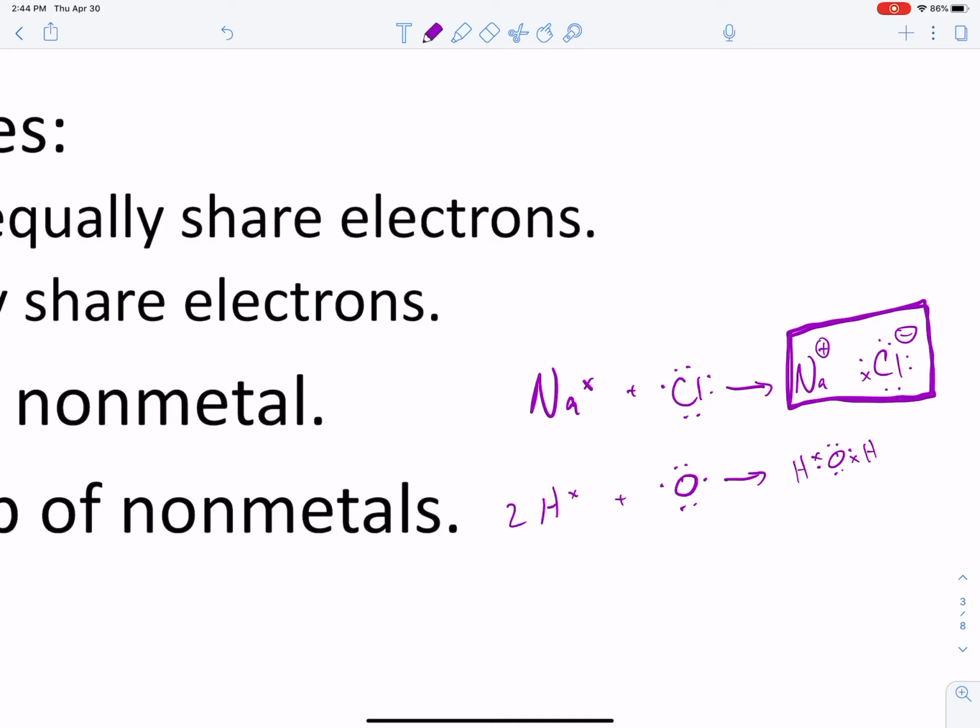So now we get this oxygen right here in the middle that has its 8 electrons, right? So it's perfectly content. But hydrogen, to look like the nearest noble gas, has to gain 1 electron. So when we look at the hydrogens, they look content too, because they got 2 electrons, which look like helium, the nearest noble gas. So now we got this H, O, H that kind of looks like this.